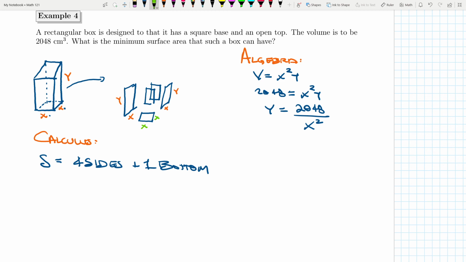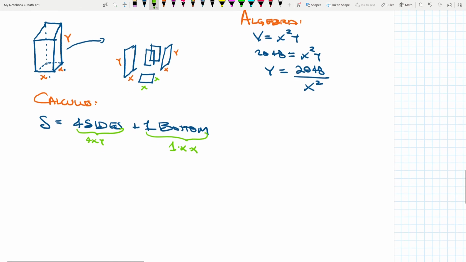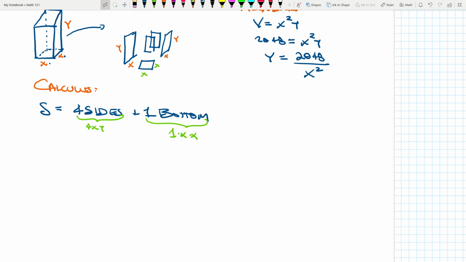In the same way that we did in the previous part, 1 times x times x, that's for the bottom. So in this case, big S equals 4xy, or rather, I'm going to write the x squared first, just so I can have the y's at the end and do the substitution there.